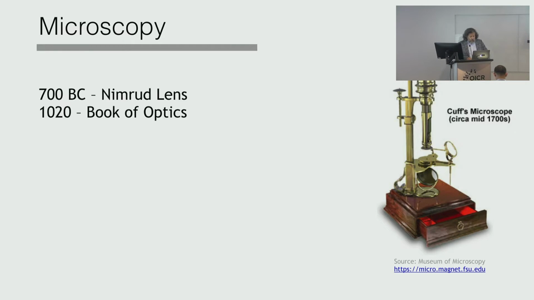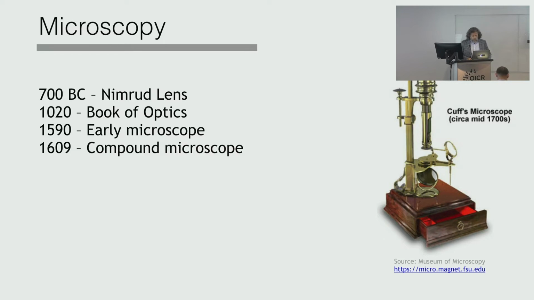So perhaps the history of microscopy starts with the Nimrud lens, the piece of rock crystal that people used as a magnifying glass, and the Book of Optics that shed light on the relationship between optics and light some 1,000 years ago. In 1590 we got the early microscope, and Galileo Galilei gave us the compound microscope around 1600.